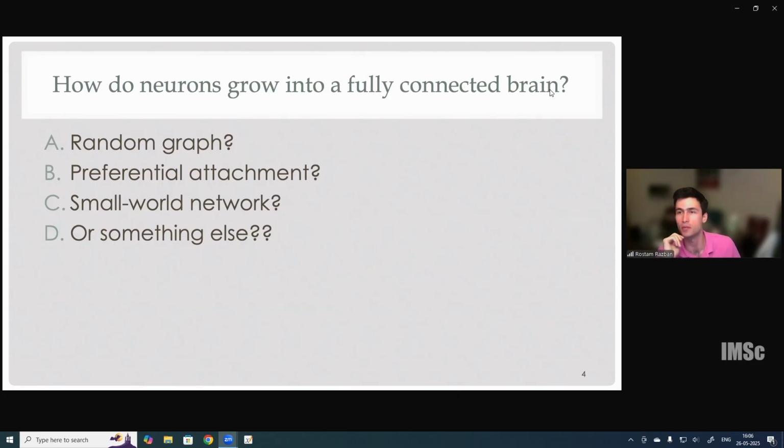And this is this small world network approach, where the brain is maybe something in between a fixed lattice and a random graph where edges are just added randomly. And then finally, maybe we have to go with option D. Maybe we'll have to come up with our own model if these three big pillars of graph theory don't fit the bill for the experimental data that we're working with.